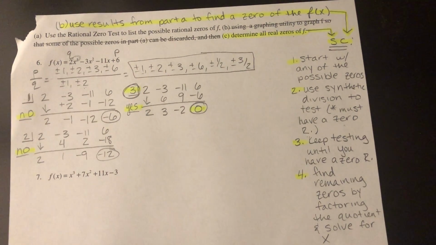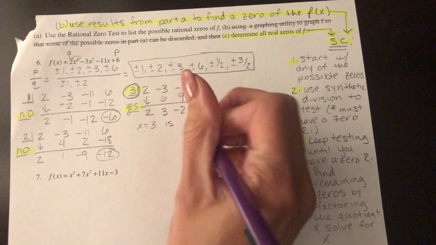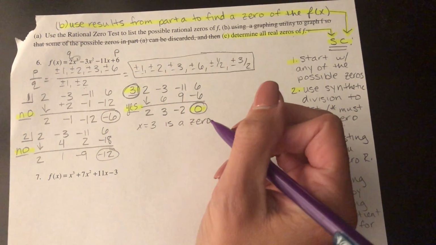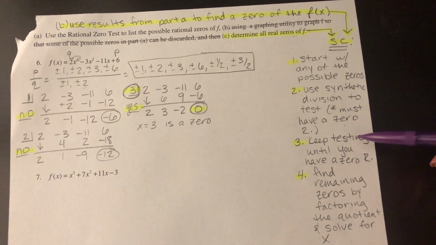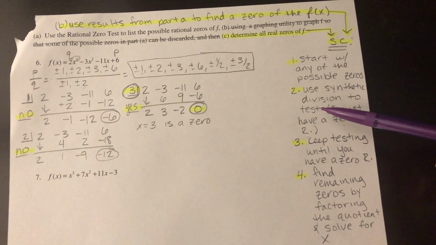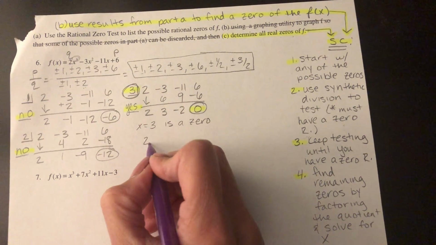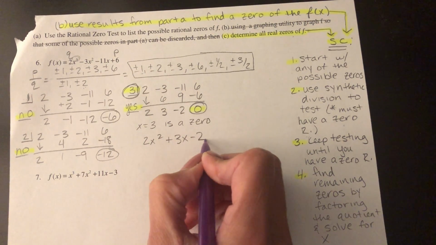Okay, so that's our first 0. Once we find a 0, so x equals 3 is a 0, now to find the other zeros, we can take this quotient here and factor it. So this would be 2x squared plus 3x minus 2.